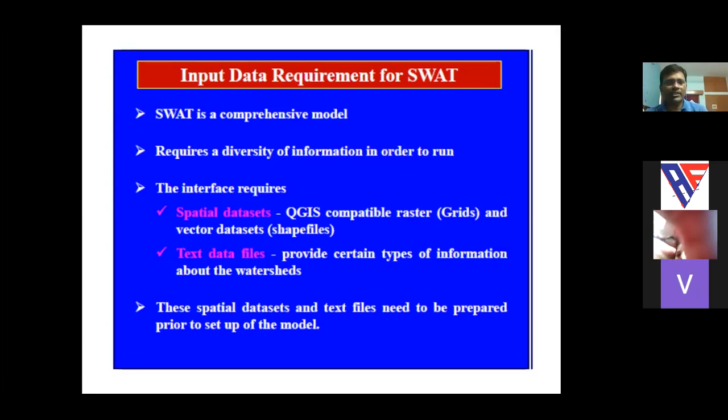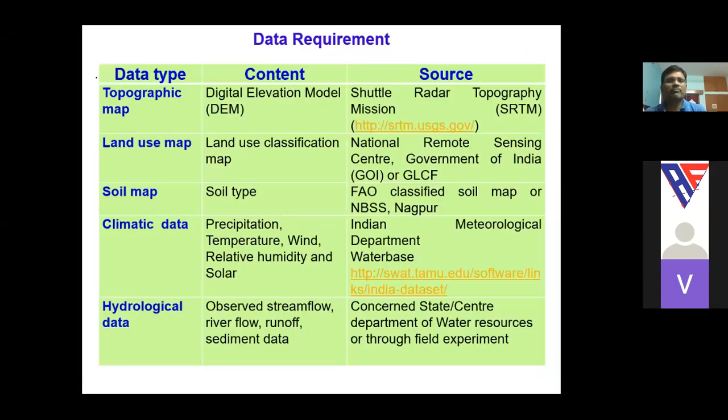Then for the text files, we require the weather parameters, which are provided as text files, as well as some basic characteristics of the watersheds. Prior to setting up QSWAT, we need to prepare these basic data sets.